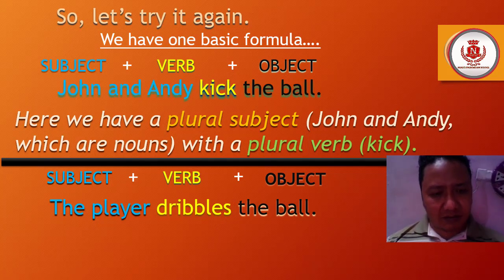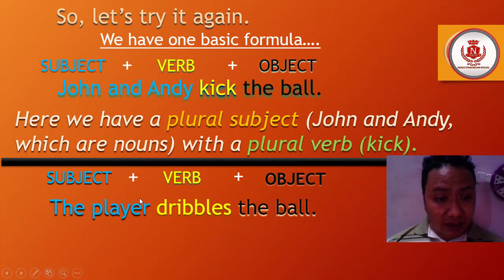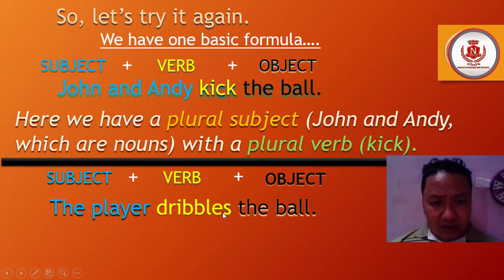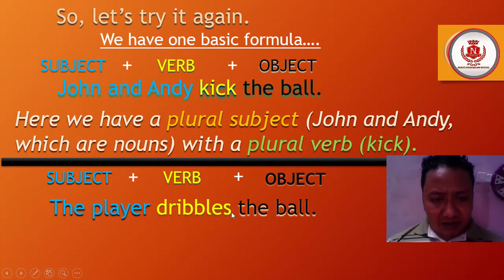Now player. Player is a noun, but in the case of player, if we are going to use a plural subject here, it will be the players. Understand? But here we will use the plural verb with the plural subject, so it will be dribble.